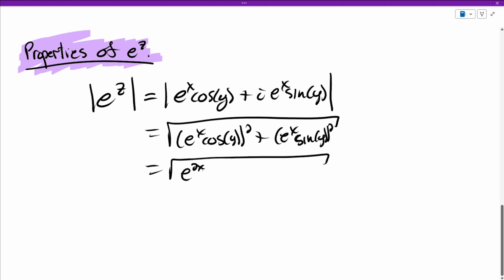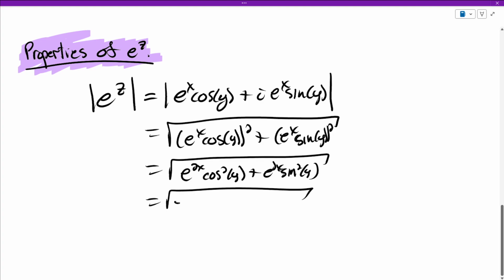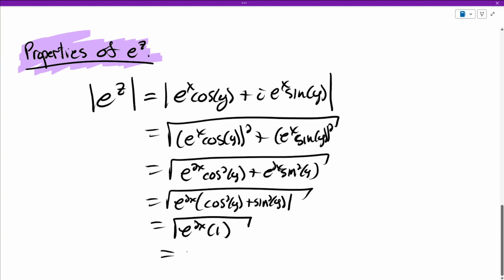So that's e to the 2x cosine squared y plus e to the 2x sine squared y. And so that's e to the 2x times cosine squared plus sine squared. So that's e to the 2x times 1, because cosine squared plus sine squared is 1. So that's e to the x, because the square root is a 1/2 power.